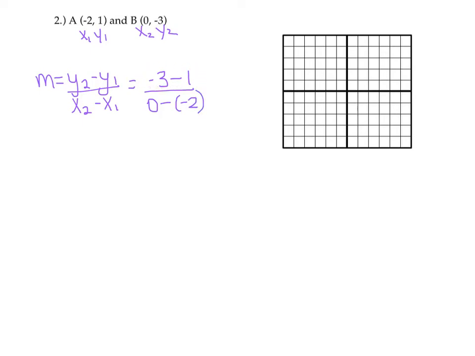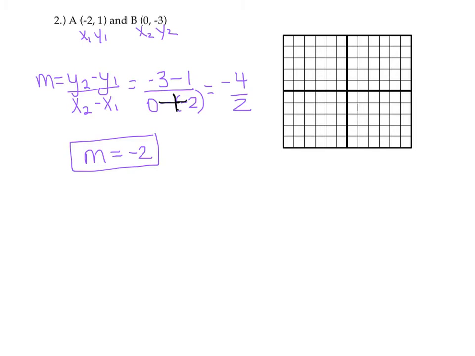Negative 3 minus 1 is negative 4. And then 0 minus a negative 2, create a big plus sign. So 0 plus 2 is 2. Therefore, M is equal to negative 4 divided by positive 2, which is negative 2. So now that's our slope.